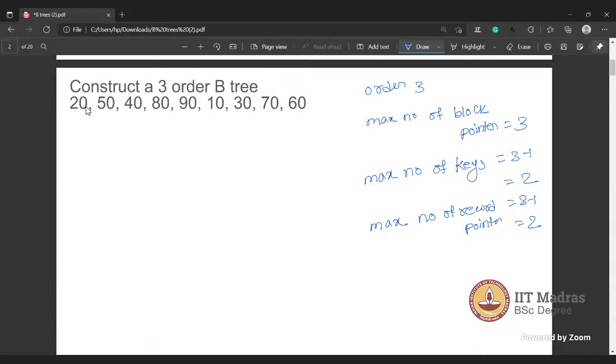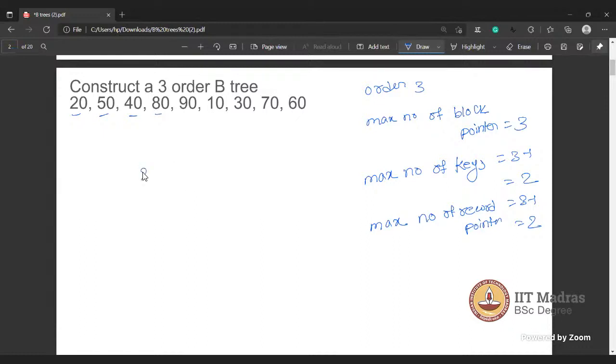So construct a 3 order B tree with the values 20, 50, 40, 80, 90, 10, 30, 70, and 60. Let's insert the data first.